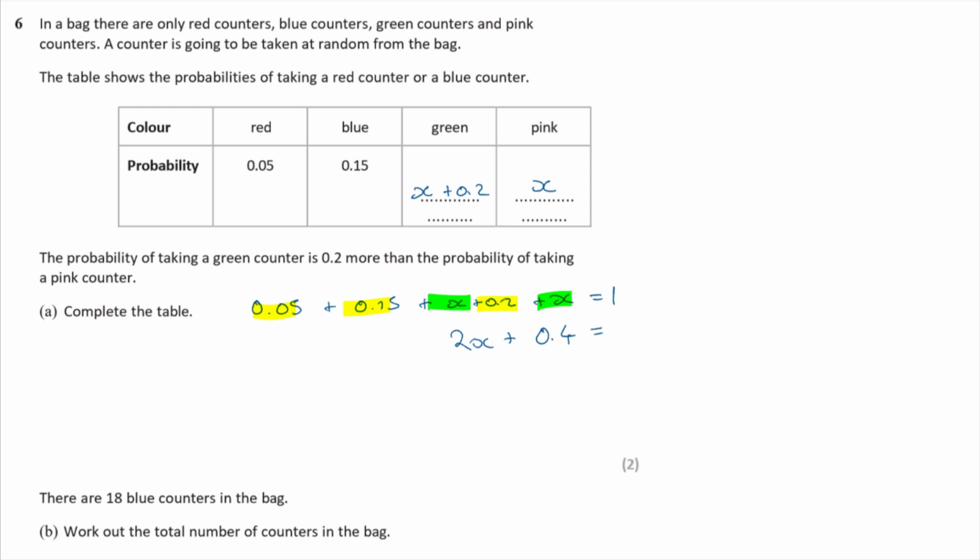So I get 2x plus 0.4 is equal to 1. Subtracting 0.4 from both sides leaves me with 2x is equal to 0.6, and therefore, dividing both sides by 2, I get x is 0.3. So that means green must be 0.3.